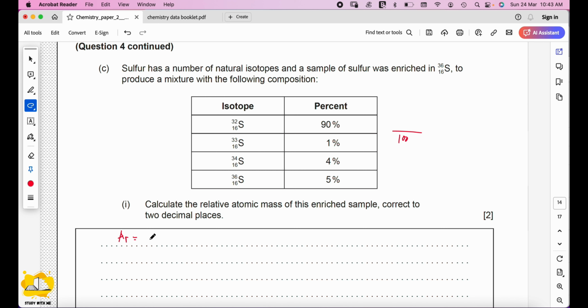I would just make it simple: 0.92, already divided by 100, times 32 plus 0.01 times 33 plus 0.04 times 34 plus 0.05 times 36. So you will get 32.29, the relative atomic mass for S.